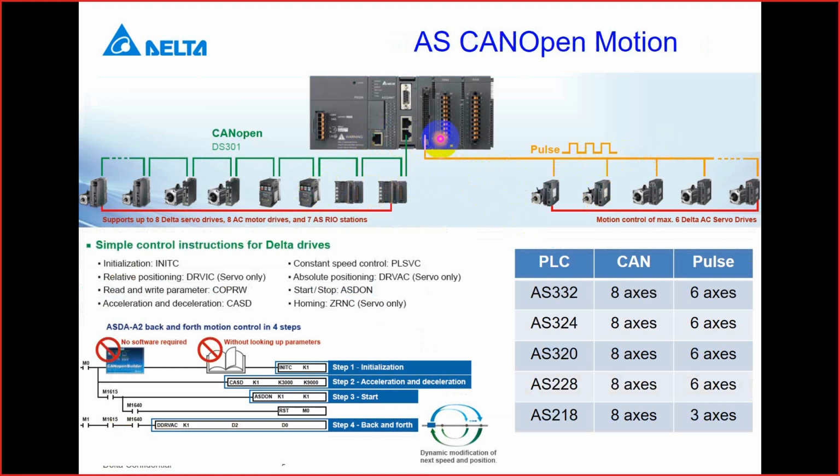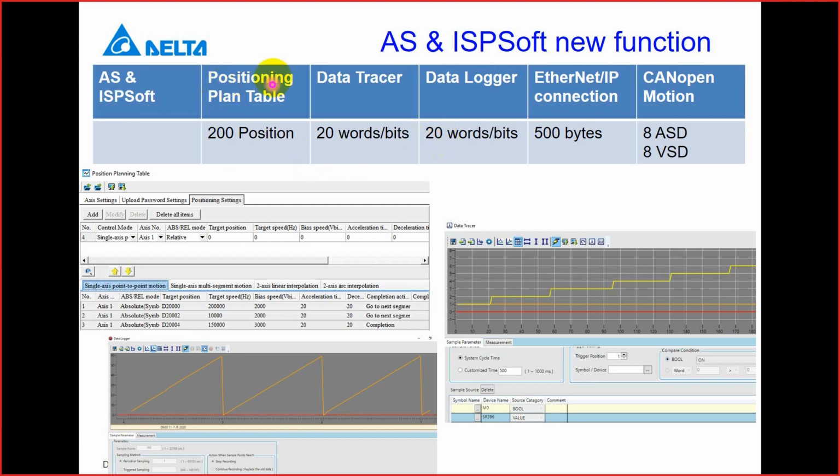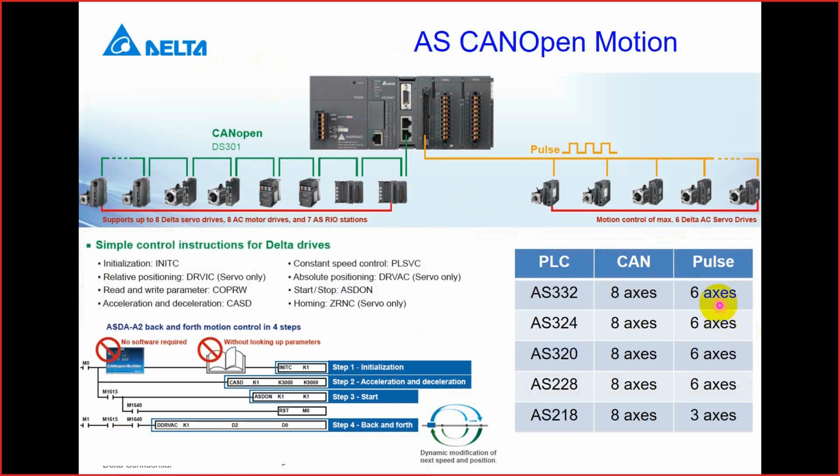So again, let me move back. This position plan table is based on the pulse chain control. Okay, so different models will have different pulse chain axes. Mostly will be 6 axis, but X218 can support only 3 axis.